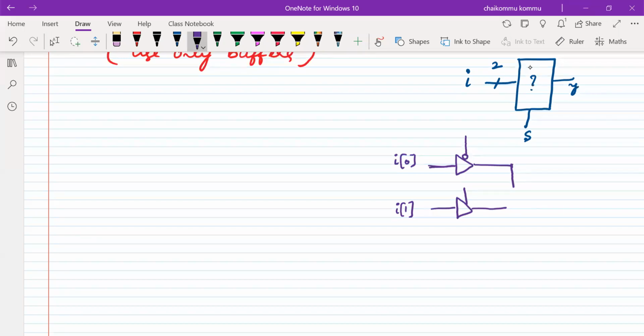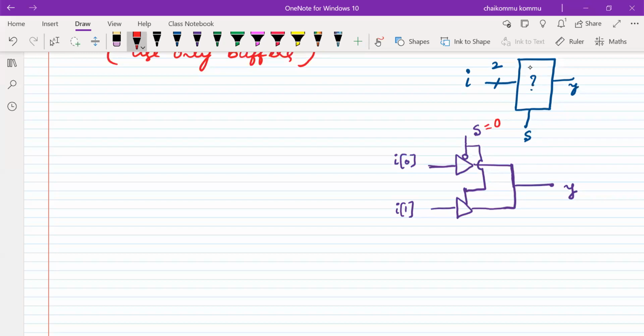Y is my output. I put a selection line here, and the same selection line I'm also using for this one. See, if S is equal to 0, what will happen? If S is equal to 0, the top buffer will be active, but the bottom buffer will be in high impedance state.